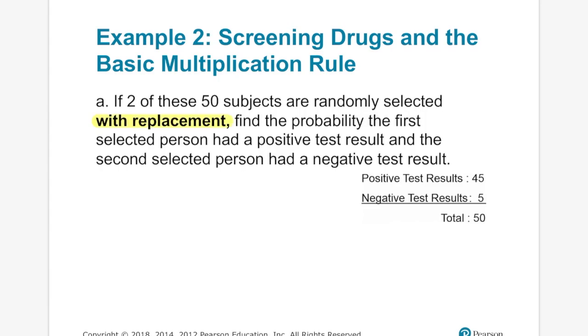Keyword, with replacement. With replacement means that after I select the first person, I will put him back into the sample, which means the first person can be selected twice. I want to find the probability that the first person had a positive test result and the second person had a negative test result.